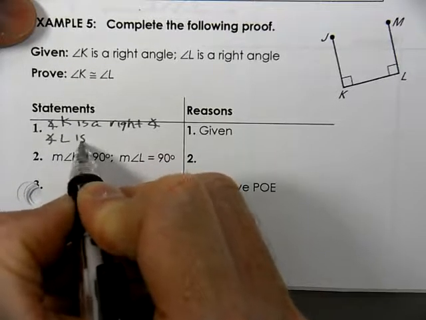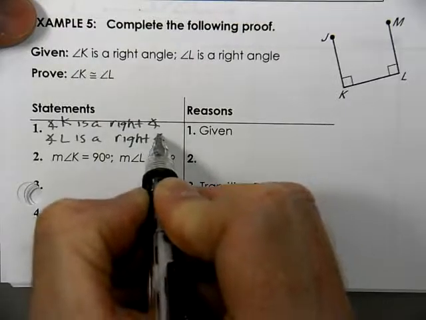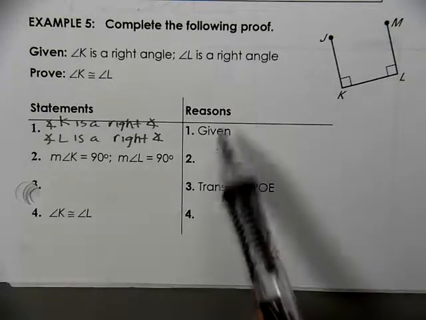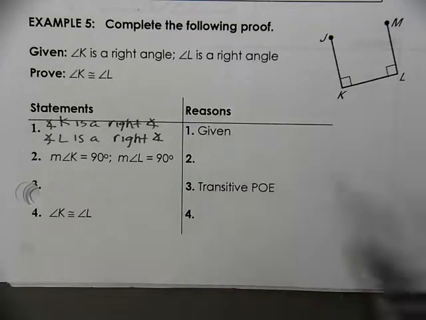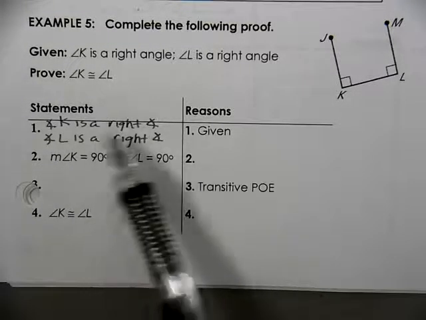Angle L is a right angle. That's from our given information. So we write the word given under the reasons. Now, all this says is it's right.